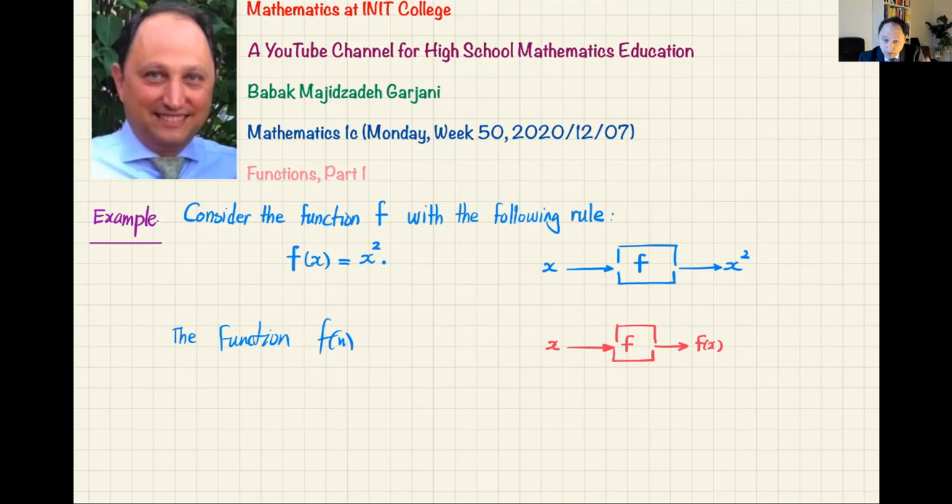F is your apparatus, and they are not the same. So even though some books write the function f of x, it is not 100% correct. You should say the function f with this rule, that if f acts on x, it gives you x squared. This is something that I want you to know.